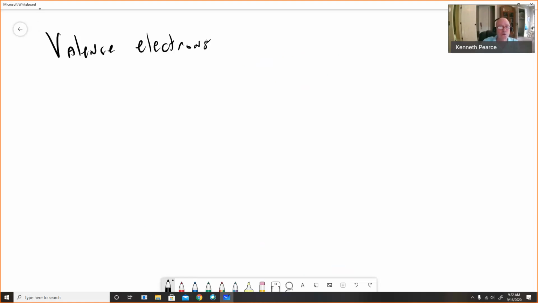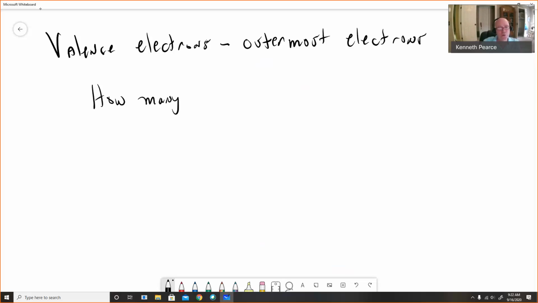So we're gaining or losing valence electrons, and those, as I mentioned before, are the outermost electrons. Those are the things that are going to do all the interesting stuff in chemistry. And our final skill is how to find how many. Well, that's equal to the group number.